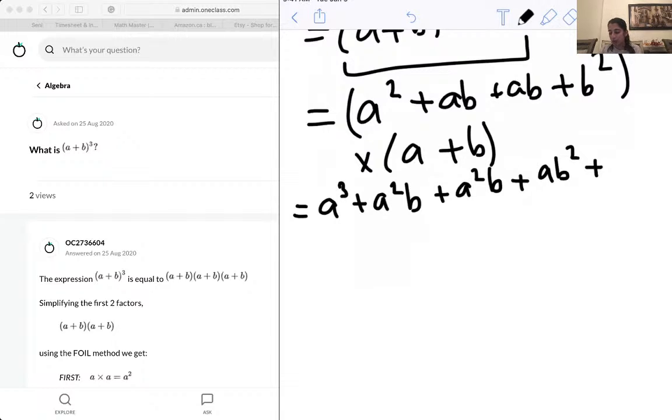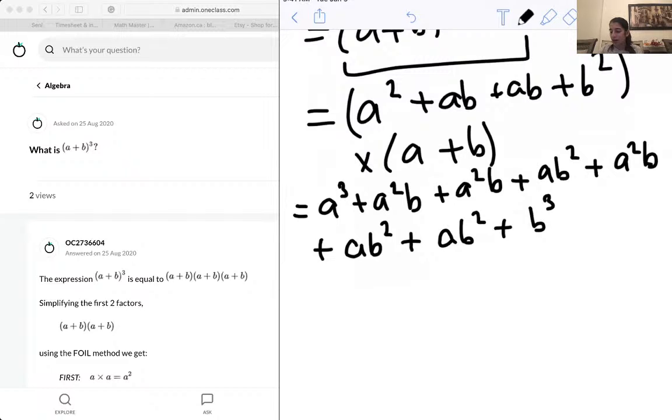It really doesn't matter. ab times a is a squared b, plus ab times b is ab squared, and our last term is b squared, so b squared times a is ab squared, and b squared times b is b cubed.